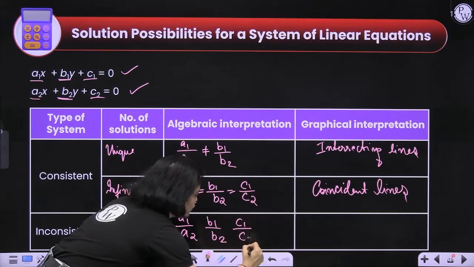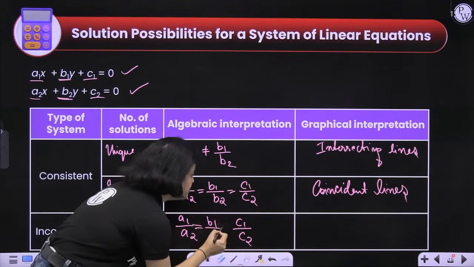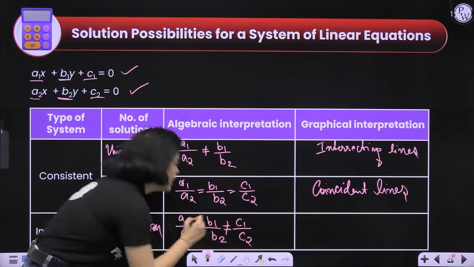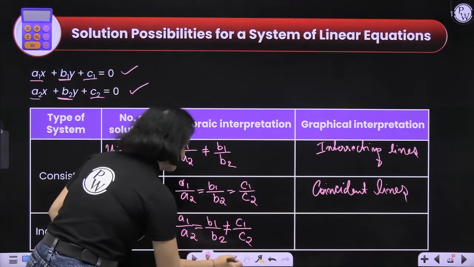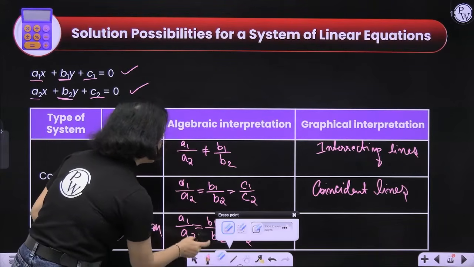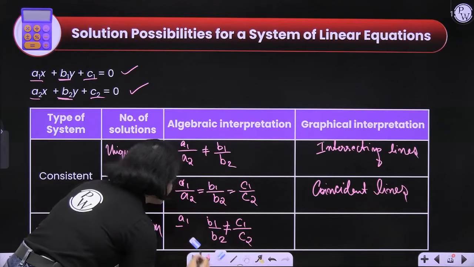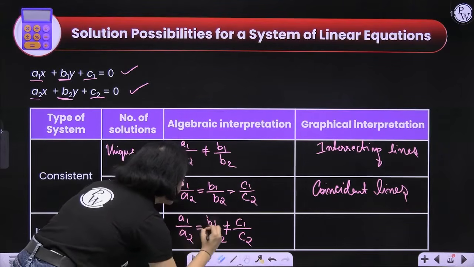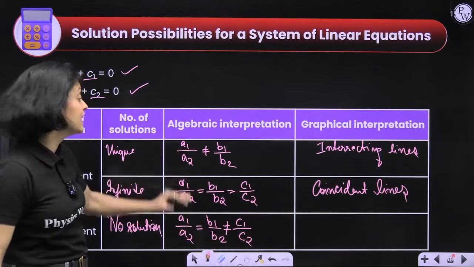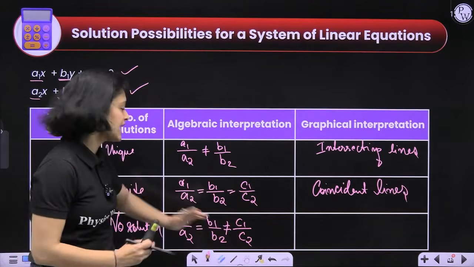In this scenario, A1 by A2 is actually equal to B1 by B2, but this entire thing is not equal to C1 by C2. Got it? That's the thing.